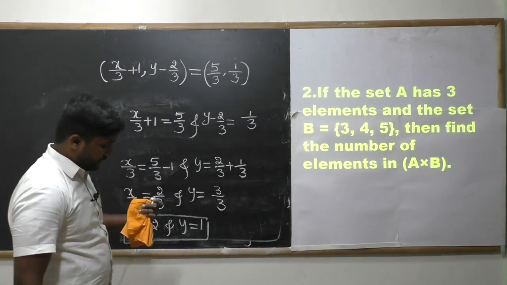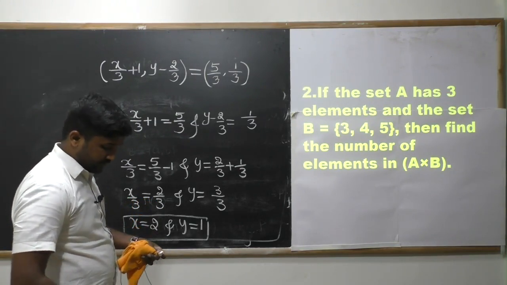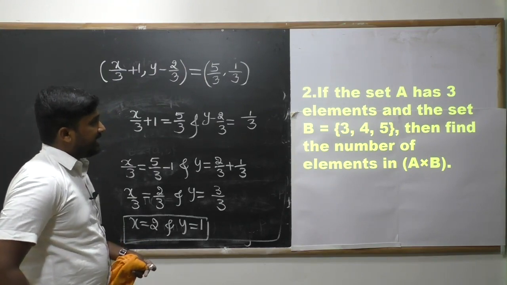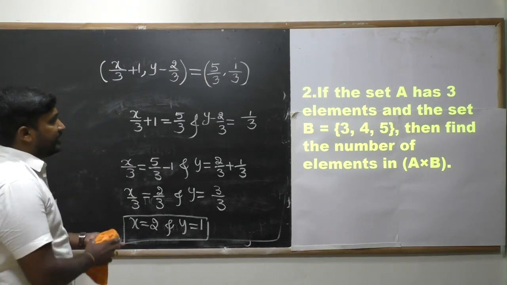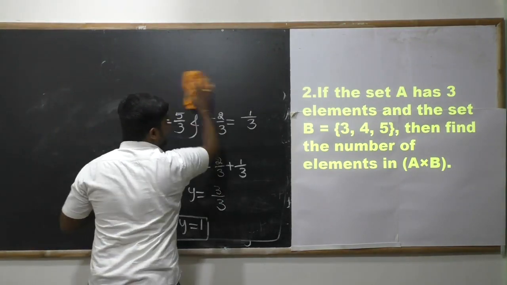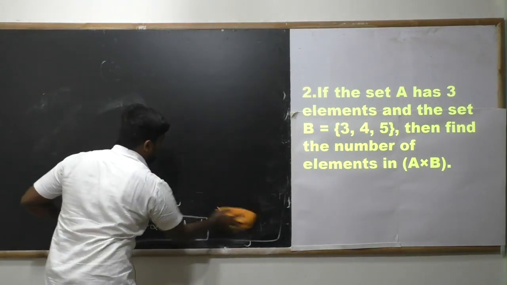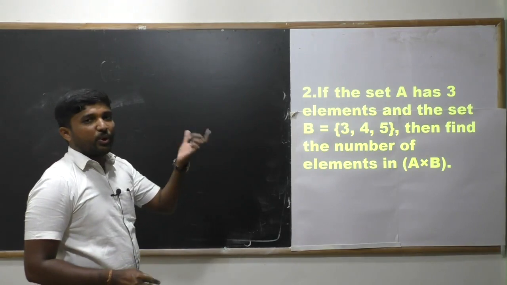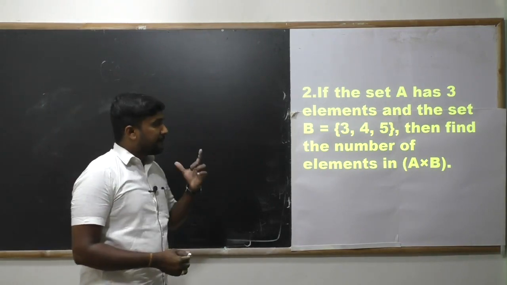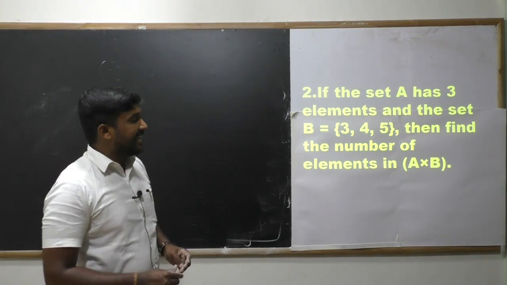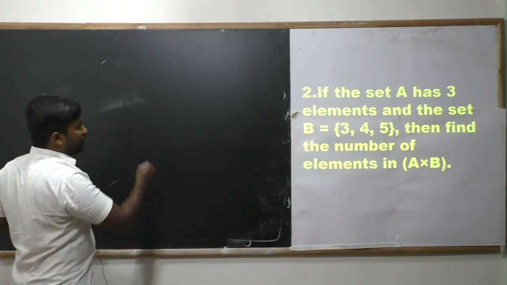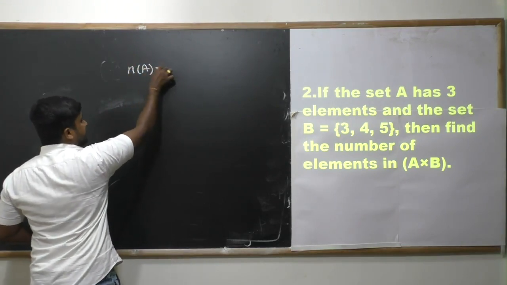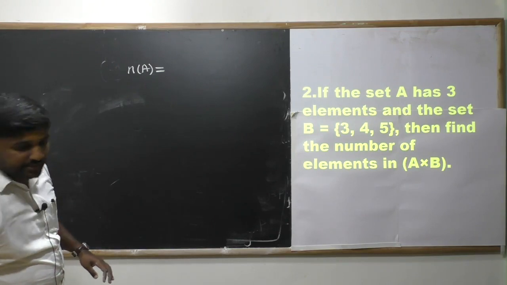Here is the second question. If the set A has 3 elements and set B is equal to the set with elements 3, 4, 5, then find the number of elements in the set A cross B. Students, what are the given data? n(A), the number of elements present in set A, is how much?